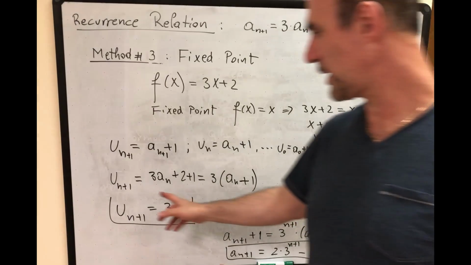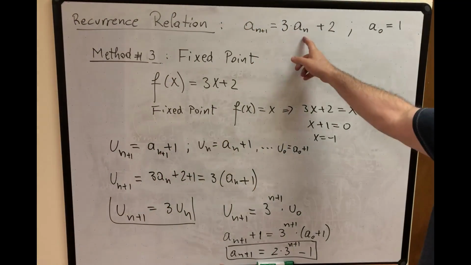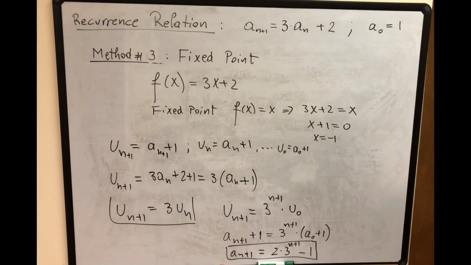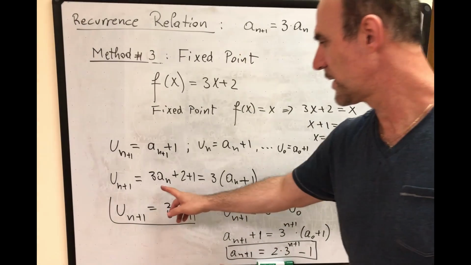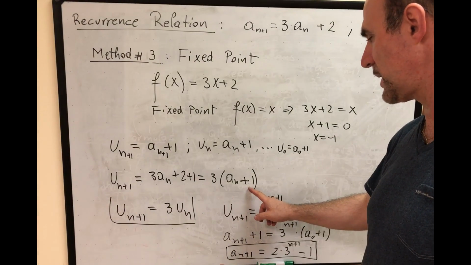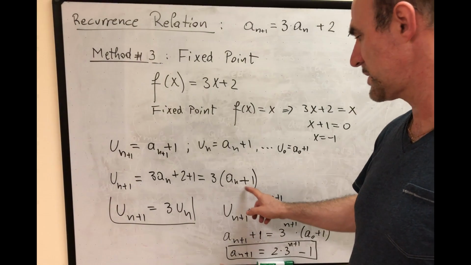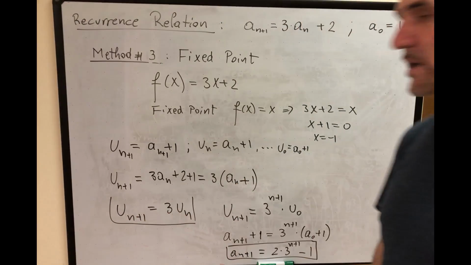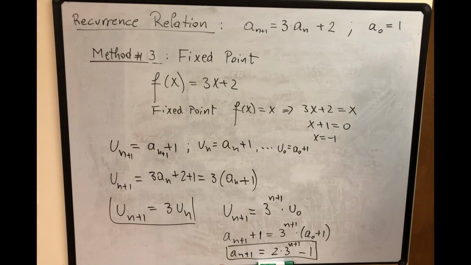Now, since we know the recurrence, substituting a of n plus 1 in terms of a of n, we are going to get 3a of n plus 3, which can be rewritten as 3 times a of n plus 1. And substituting back, a of n plus 1 is u of n, so you get u of n plus 1 is 3 times u of n.